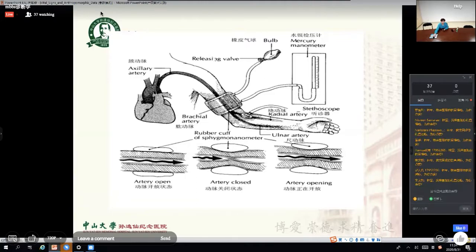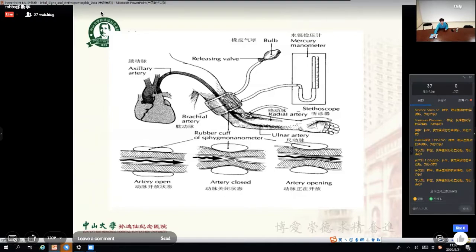If we pump the air into the cuff, this is the illustration of the artery's open status. When we apply the pressure and pump the air into the cuff of the sphygmomanometer, it will occlude the artery. The lumen will be closed.